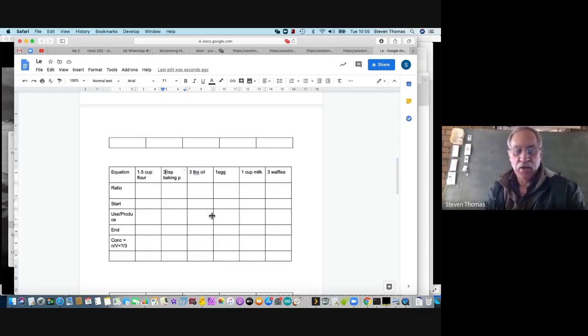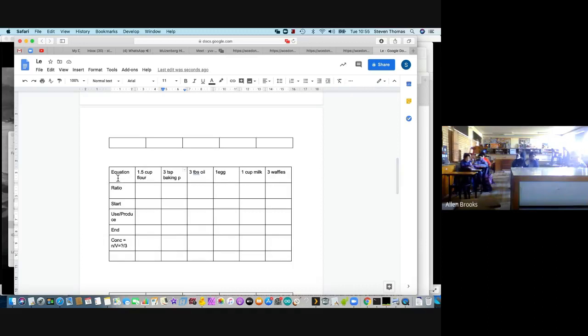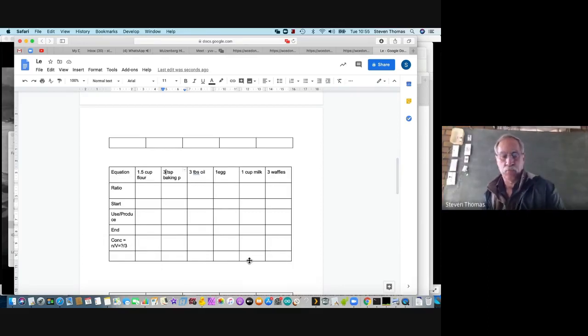Can you all see that? Now, could I ask you to take down this table? Can you perhaps zoom in, please?